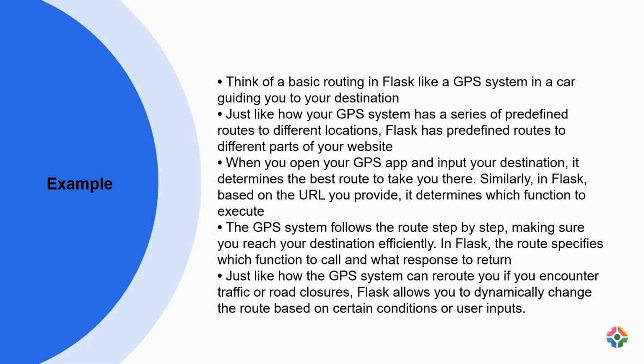The GPS system follows the route step by step, making sure you reach your destination efficiently. In Flask, the route specifies which function to call and what response to return. Just like how the GPS system can reroute you if you encounter traffic or road closures, Flask allows you to dynamically change the route based on certain conditions or user inputs.